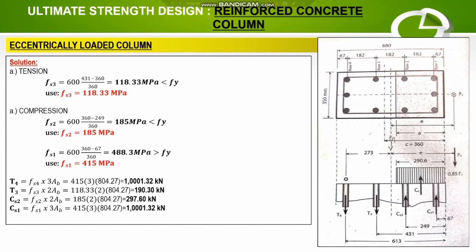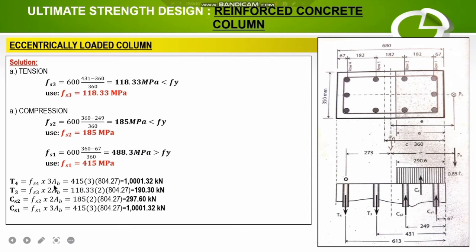So T4, consider row 4. So T4 is equal to the stress of the bars, or Fs4. Fs4 has already been solved, so we will solve for the missing parameter, which is the area. So in row 4, or in T4, there are 3 tensile bars. So therefore, our area is 3AB.